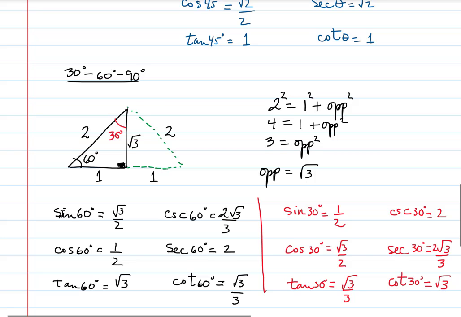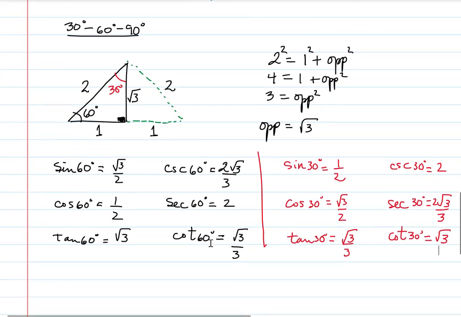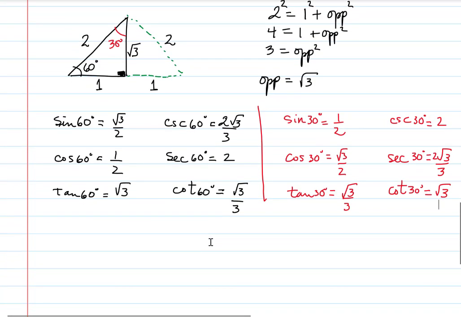Now notice how the sine of 60 is actually the same thing as cosine of 30. And cosine of 60 is the same thing as sine of 30. So from this example, we can sort of derive some identities here. They're called the cofunction identities. Okay, so notice how 3 of the trig functions that we have start with the prefix co. So that's going to give you the indication of which one is a cofunction of which.